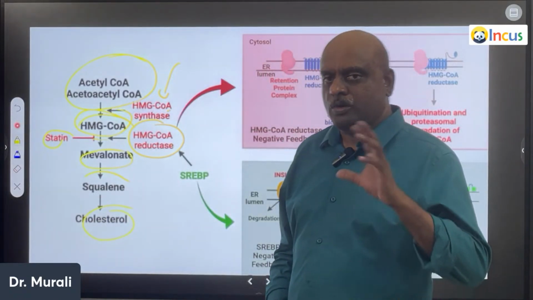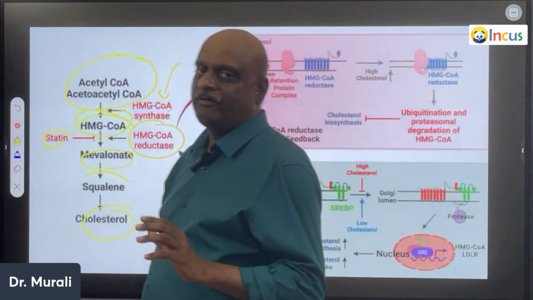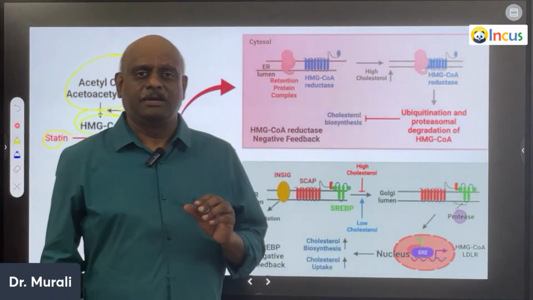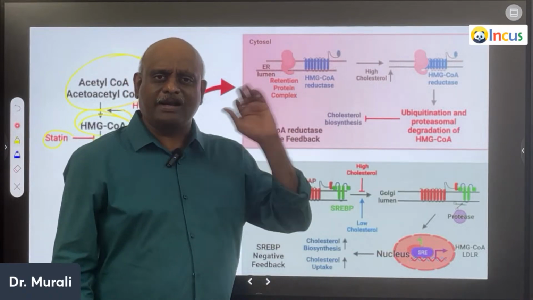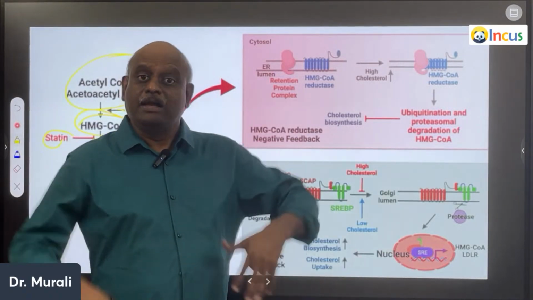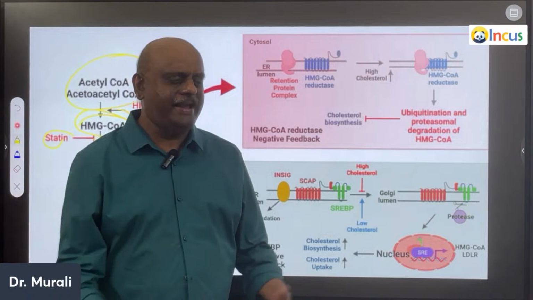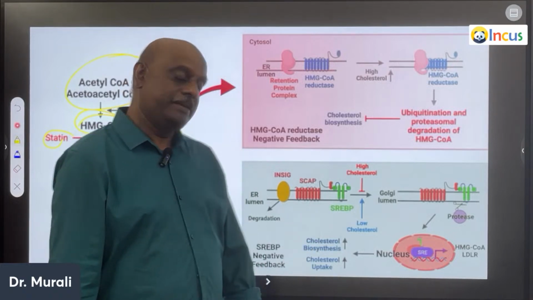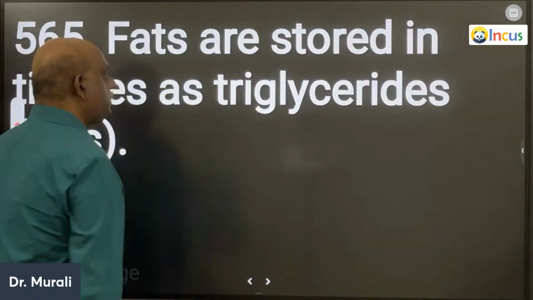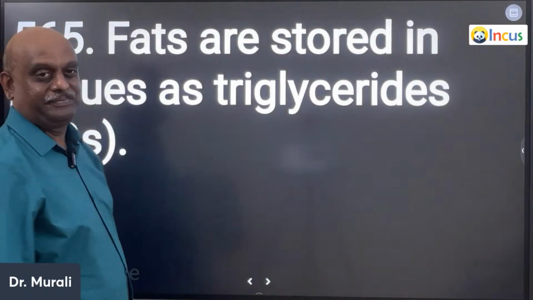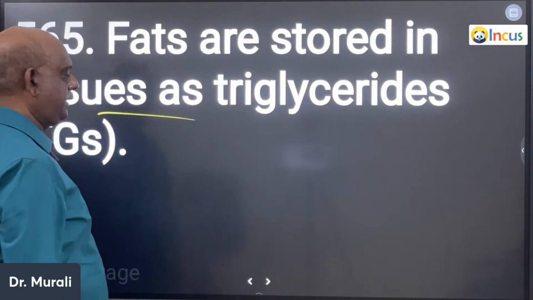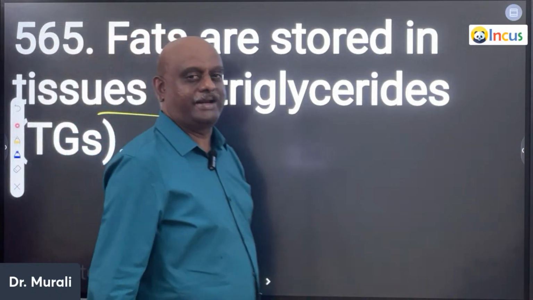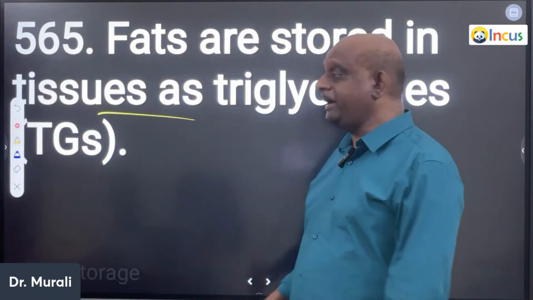So once more, cholesterol synthesis, what is its regulation? Favorite question, because hypercholesterolemia, hypertriglyceridemia, types of hyperlipoproteinemia, they're all part of our day in and day out clinical practice. That's the reason examiners love to ask questions on them. The fat is stored in the tissues in what form? Triglycerides. How much should the triglyceride be?